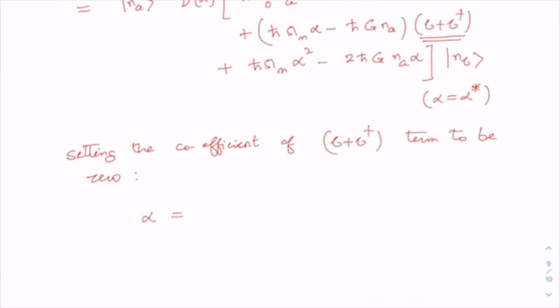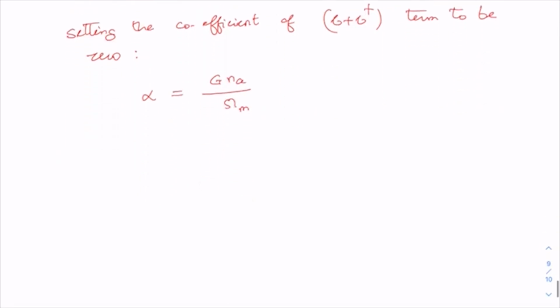We will get alpha equal to z Na divided by omega m. Now using this value, we can then have H Na D alpha Nb.